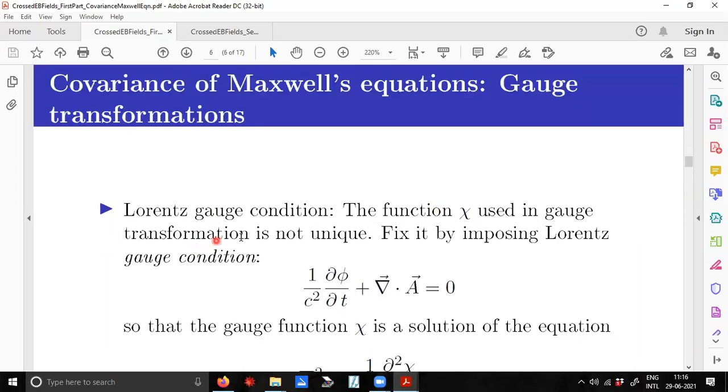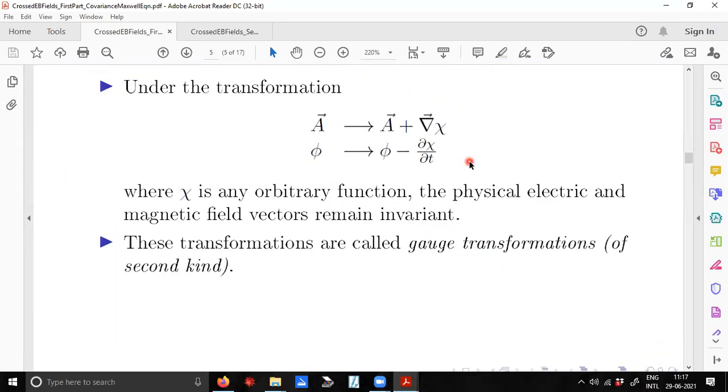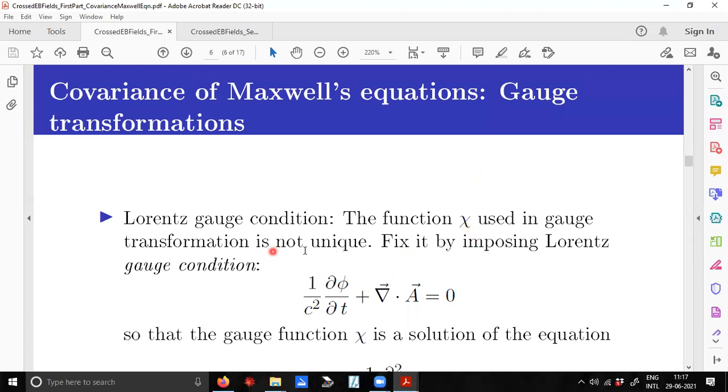Now we say there is a condition called the Lorentz gauge condition. The function chi is totally arbitrary here, so I have to fix it. I fix it by imposing the Lorentz gauge condition: 1 over c squared dou phi by dou t plus divergence of A is equal to 0.